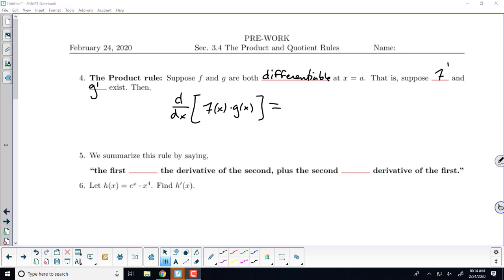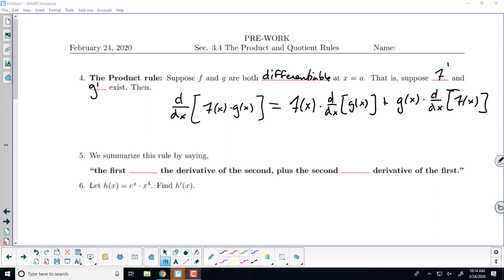Well, the product rule, which we'll prove in a different video, says you take the first times the derivative of the second plus the second function times the derivative of the first. Folks, if you've had some calculus before, you might have memorized this in a different order. That's okay. You might memorize it by a different little string of expressions. That's okay.